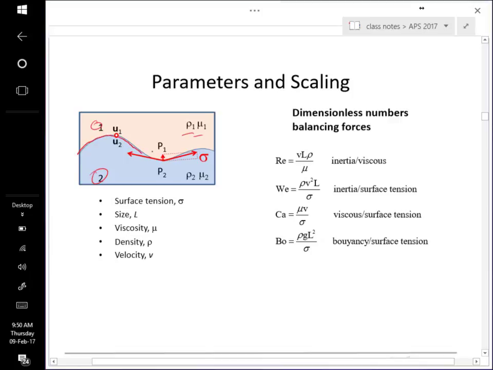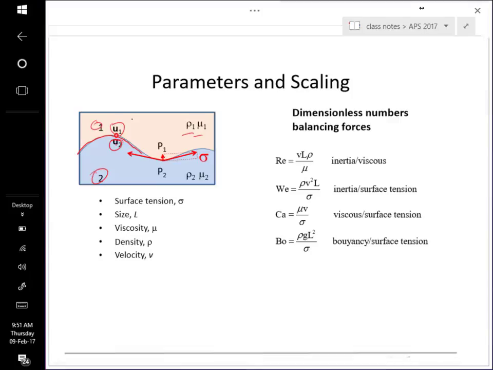When we track it, we can think of a couple of things that need to happen. One is that as the interface moves, we don't want any gaps to form, or the fluids penetrating and overlapping. So the velocity in this fluid at the boundary and the velocity in that fluid at the boundary have to match.